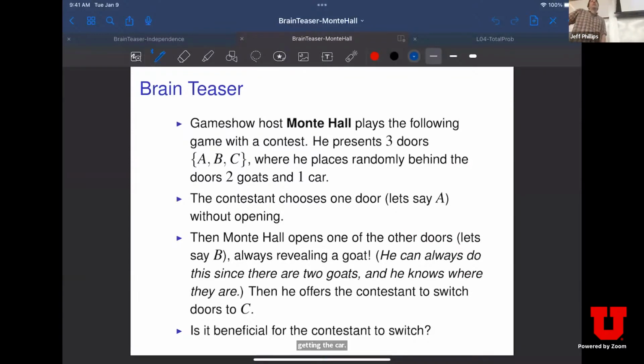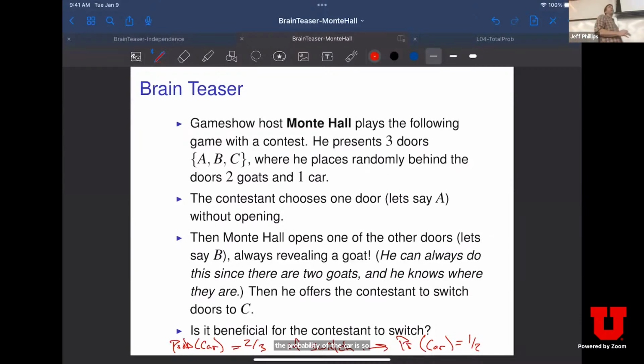So the probability of getting the car is 2/3 if you switch, and someone else said that the probability of the car is 1/2 if you switch, right?